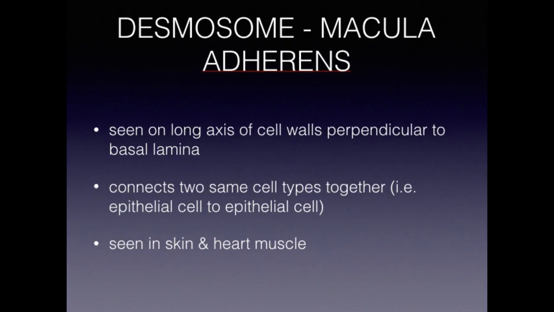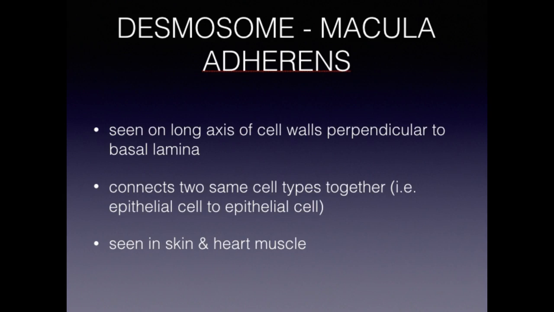Then we also have these little, almost like Velcro tabs. These are seen on the long side of the cell walls. I'll show you in the next diagram, the side rather than along the bottom.